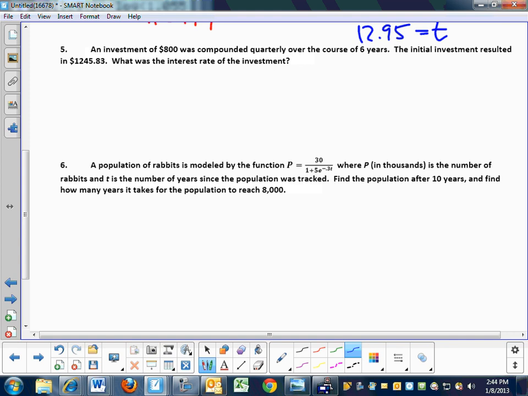We have a total investment amount of $1,245.83 equals, what was our initial investment? 800 times 1 plus, do we know my initial rate? No. Do we know how many times it was compounded each year? 4 times. To the 4 times, how many years? 6.